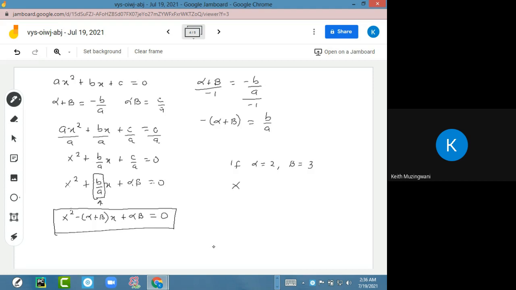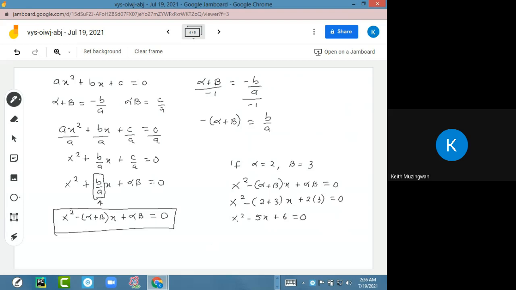Yours is to write x squared minus alpha plus beta x plus alpha beta is equal to 0, and say x squared minus 2 plus 3 x plus 2 by 3 is equal to 0, meaning x squared minus 5x plus 6 is equal to 0.